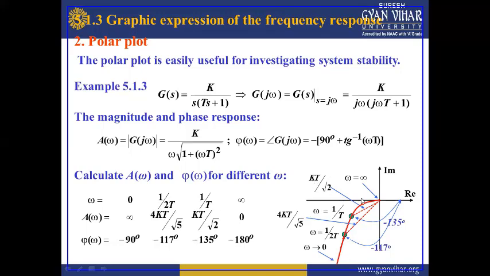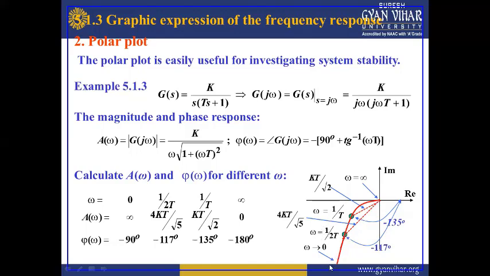Now when we draw at omega equal to 1 by T, this is the point. When we draw a straight line from this point to the origin, we get the gain, which is K by root 2 at omega equal to 1 by T. Similarly, at omega equal to 1 by 2T, the gain will be this one.